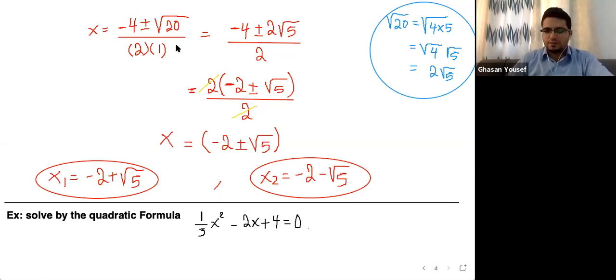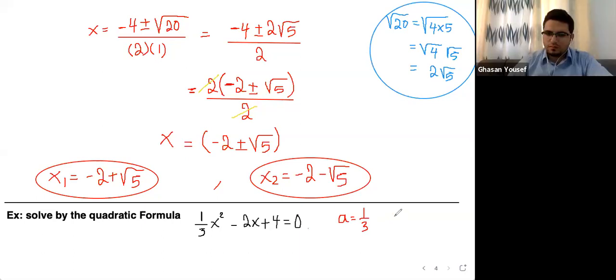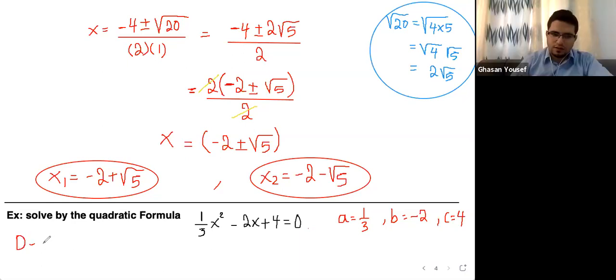First of all, what do we have to check before using the quadratic formula? The discriminant. What is my a here? 1/3. And what is b? -2. And what is c? 4. Now, the discriminant equals b squared minus 4ac.